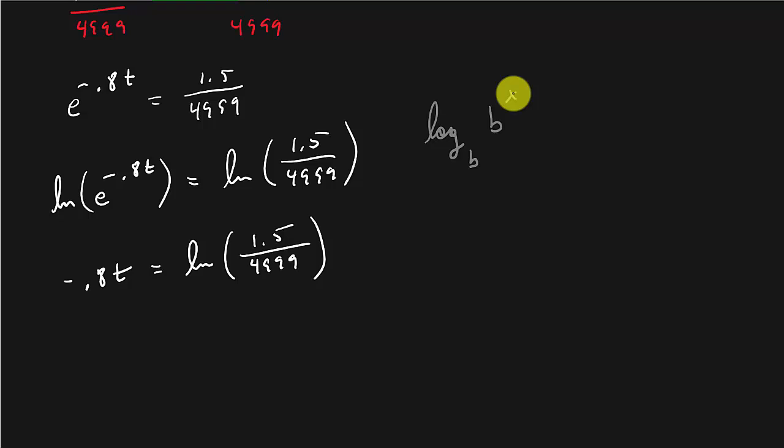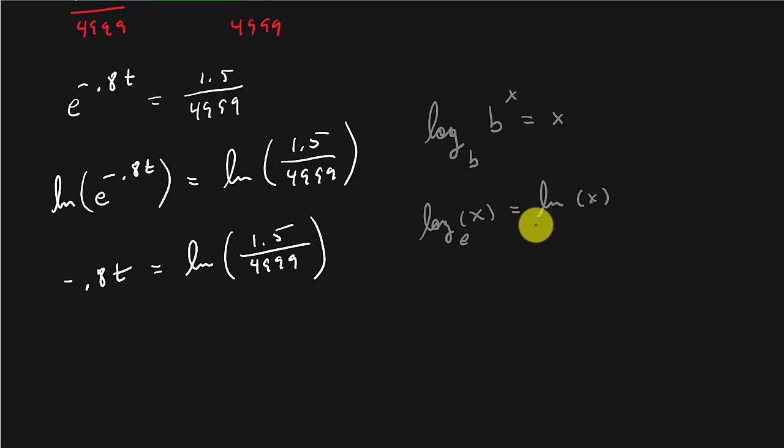If the base of the log and the base of the exponent are the same, your answer is just your exponent. One other thing we've got to remember is that the log of x with base e is equal to the natural log of x. So instead of writing log base e, we abbreviate it with ln, natural log.